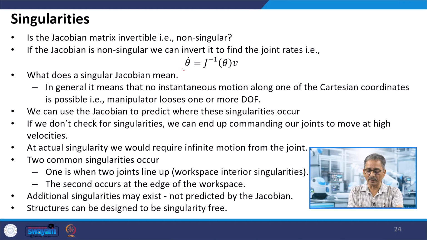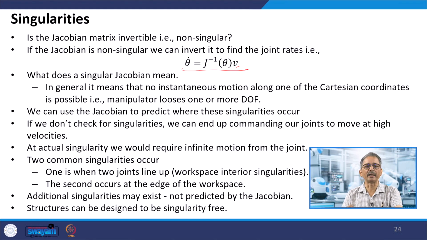When I get the joint velocity vector theta dot as the inverse of the Jacobian times the velocity, and the inverse does not exist, that is what we call singularity. In general, singularity means that no instantaneous motion along one of the Cartesian coordinates is possible. And what does that mean? That means the manipulator loses one or more degrees of freedom there.